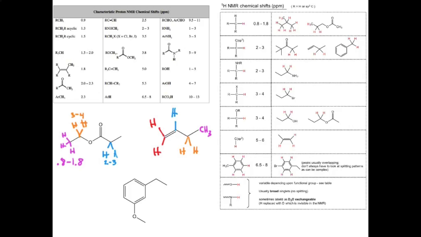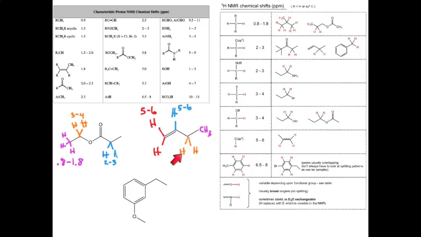Where do these values come from, or what are the chemical shift values? H to sp2 hybridized carbon of an alkene. Where does that land? Right here, 5 and 6. Again, if we look at blue, H to sp2 carbon, that's a 5 to 6 range. So our hydrogens in red would come between 5 and 6. The hydrogens in blue would also come between 5 and 6.